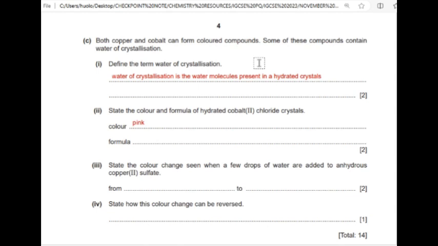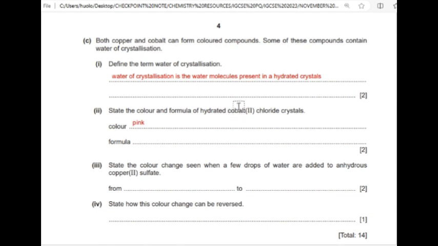If you want to test for water, we usually use the anhydrous.